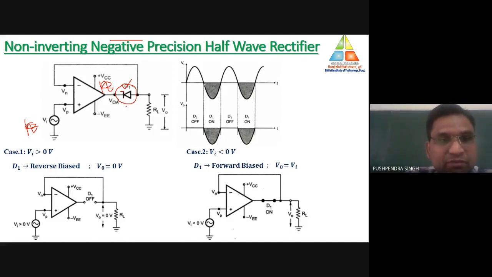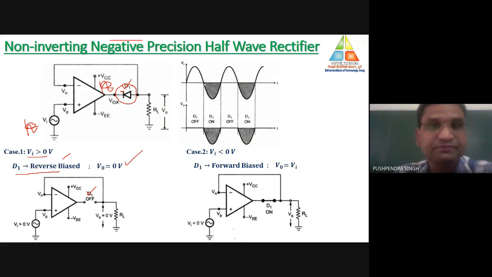Due to that, the diode will be in reverse biasing condition. So when the level of the input signal is more than 0, the diode will be in reverse biasing condition, that means open circuited. When open circuited, there is no connection between the output terminal and input terminal. That's why the value of output is 0.